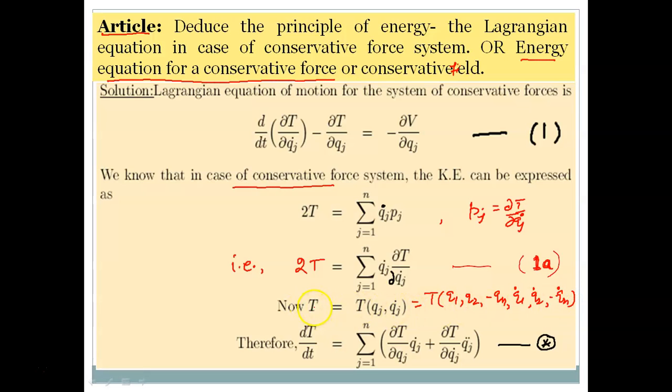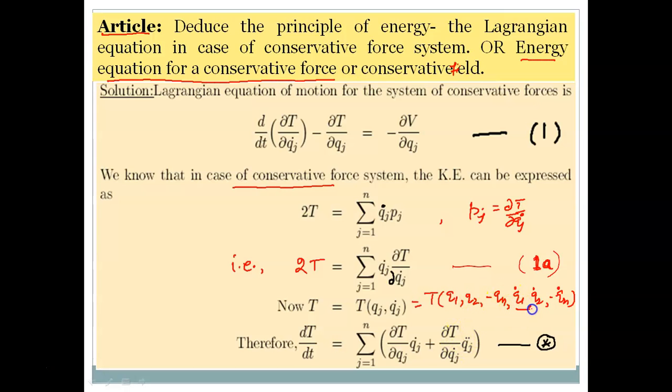And when we take the total derivative of T with respect to small t, the time, when you simplify this, we get it in the form of summation. Of course, when you take the total derivative, we get del T by del q1 into q1 dot plus del T by del q2 into q2 dot, and so on.